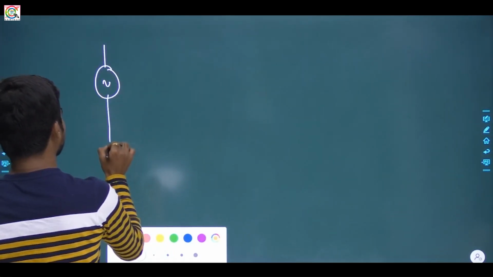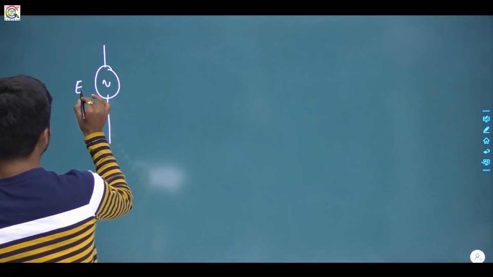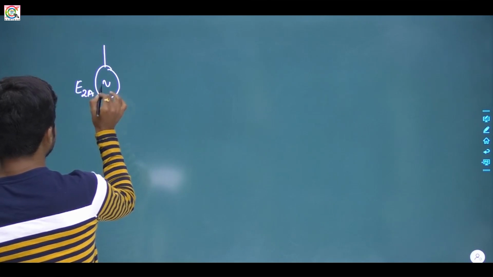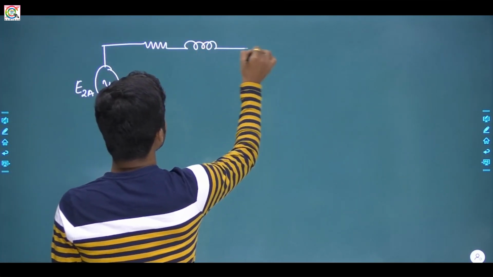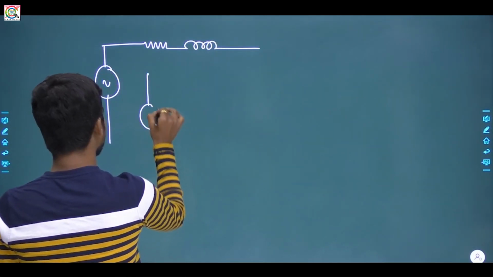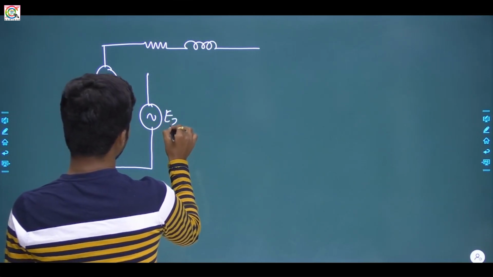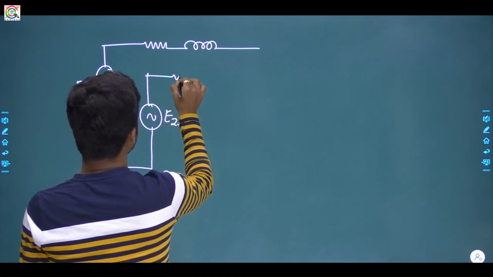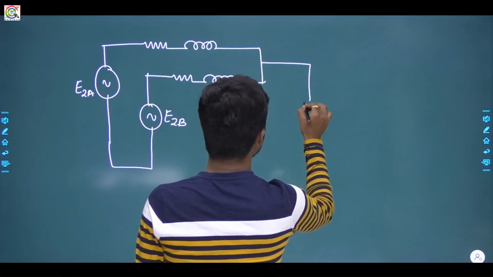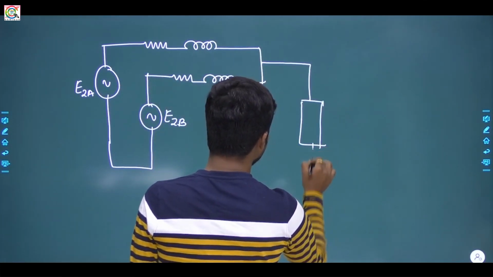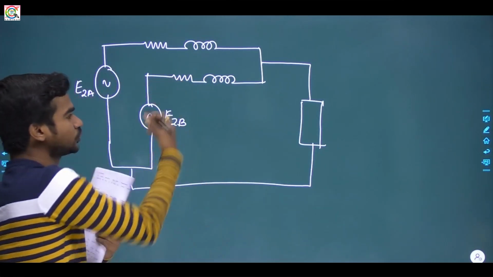Suppose this one is the secondary of the first transformer A. So the secondary side terminal voltage is E2A and this one is your equivalent impedance. Now this one is the secondary side of the transformer B and this one is your equivalent impedance, and here a load is connected and this load is consuming power from these two transformers.